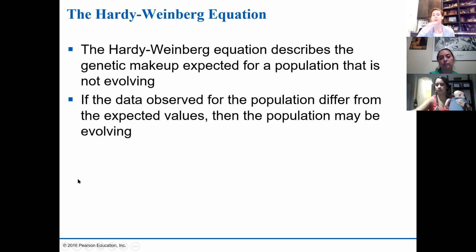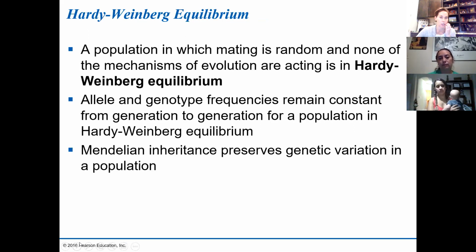So the Hardy-Weinberg equation describes the genetic makeup expected for a population that is not evolving. So there's nothing occurring, there's no evolution happening. And the Hardy-Weinberg equation is not in this slide yet. So if evolution is not happening, then mating is random.